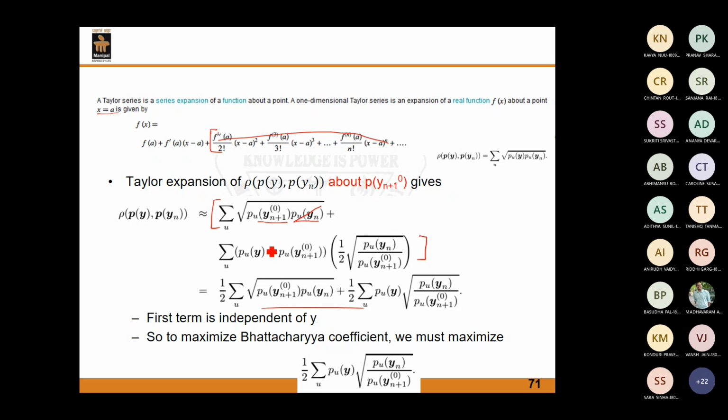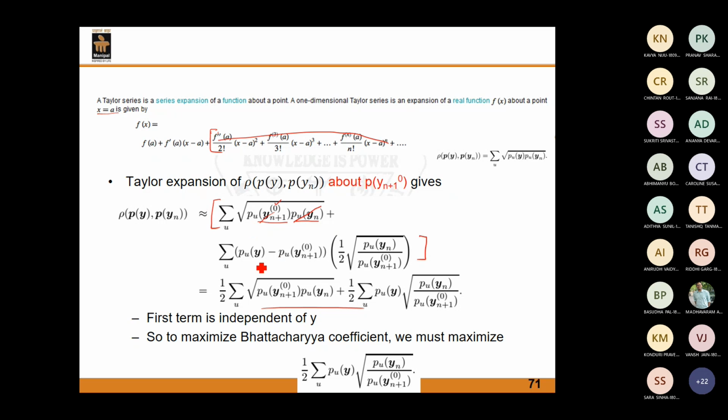So this is a constant factor. And p u of y n plus 1 0 is the initial estimate. Again, the initial estimate also remains the same, it does not keep changing. From the initial estimate, you keep trying to look at the neighborhood and then try to find the best match, right? So this also remains a constant.